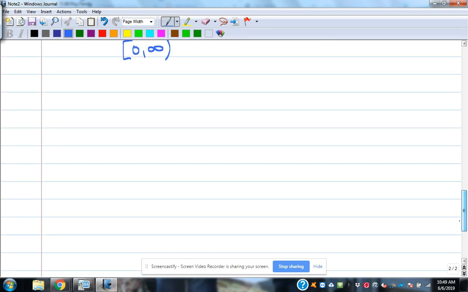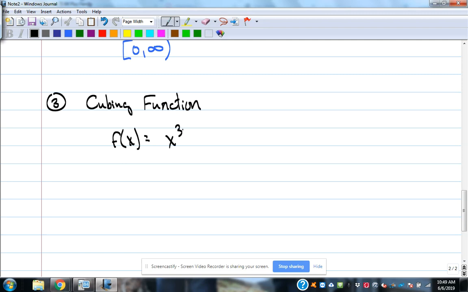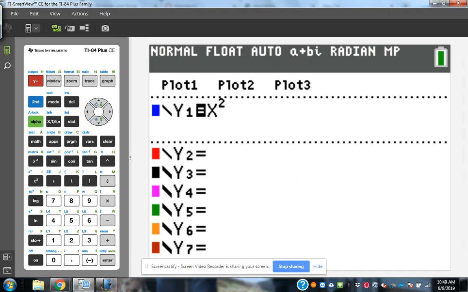The next one is the cubing function. Instead of taking x to the second power, it's going to take x to the third power. So f of x is equal to x to the third. I'm going to use the graphing calculator to draw that picture for me.